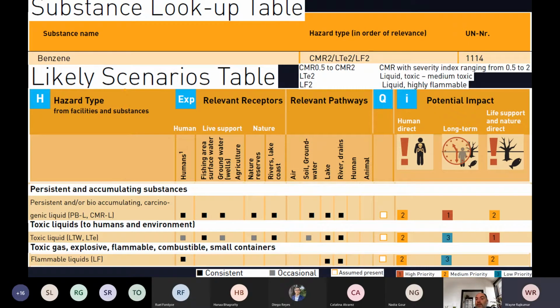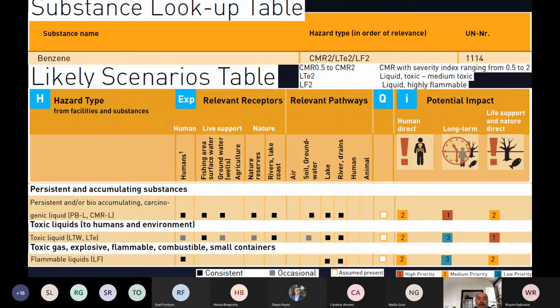For the liquid toxic, it's the next one, toxic liquids to human environment. We see that we have a first impact on the environment. So life support and nature direct. It's the place where the substance causes a major impact.